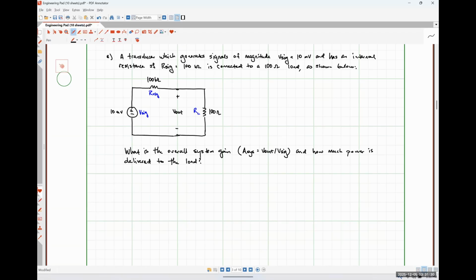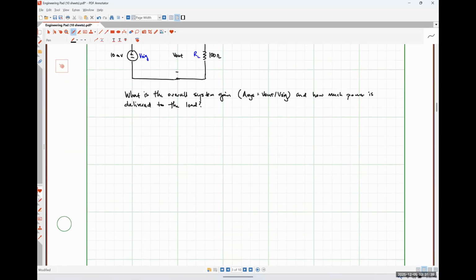Okay. So how would I go about finding the output voltage for this system? Voltage divider. Why not? I have a known voltage and then two resistors in series, so that seems like the laziest possible way to do it. So I'm going to do this in, I don't know, this gray color so that I can denote that it is the solution here. So using voltage division, I can say that my output voltage V out is just going to be V sig times my load resistance divided by R sig plus my load resistance.